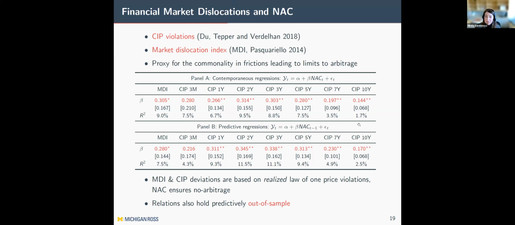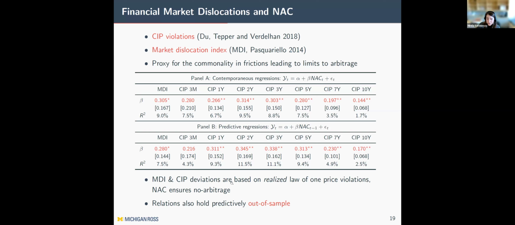And you can see that in both cases, not only for this market dislocation index, but in particular for the covered interest rate parity violation at different tenors, starting from 3 months to 10 years, there is going to be a strong relationship between the two, in the sense that with our nonlinear arbitrage correction, we are going to be able to explain, but also predict these future violations from the law of one price in the data.